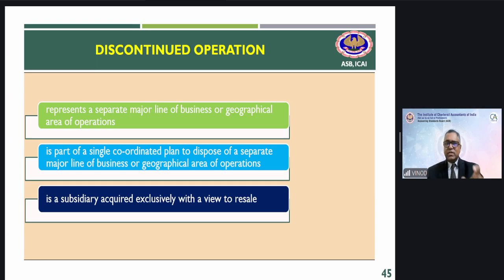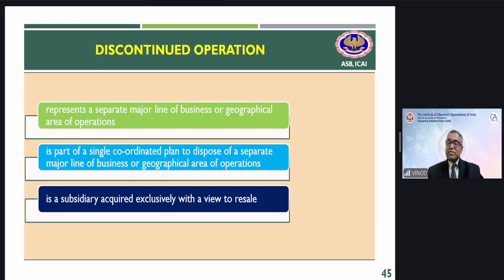It is part of a single coordinated plan to dispose of a major line of business or a geographical area which you plan to dispose of. Or the last one, a subsidiary acquired exclusively with a view to resale.